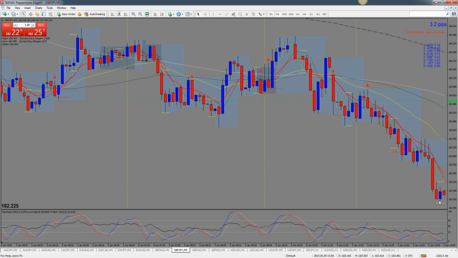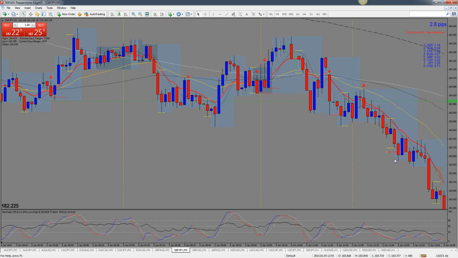All right, we have an inside bar right here. Again, most of the rules are engaged, but my stochastic's still way below. Oops, I was trying to move this guy down.